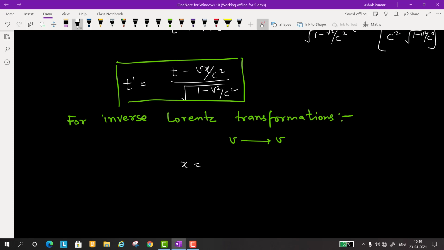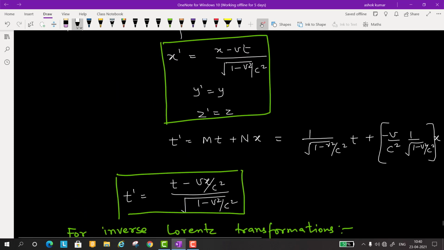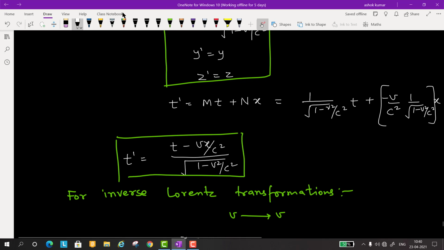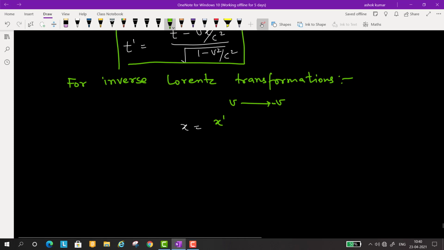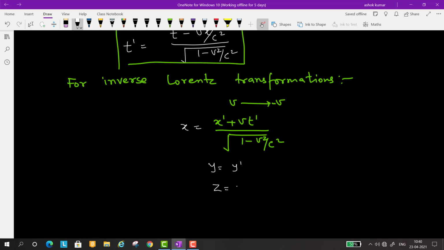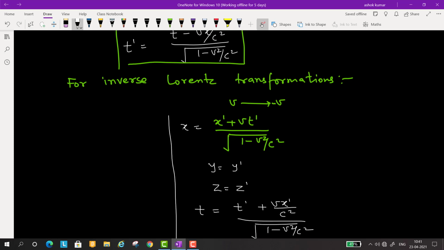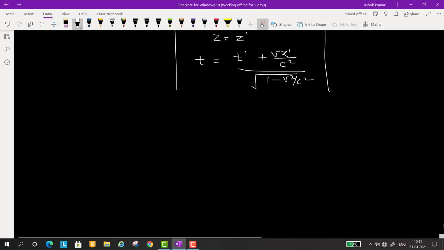So x is equal to x dash, sign of v is to be changed, it will be x dash plus vt dash divided by the square root of 1 minus v square by c square. y will be equal to y dash, z will be equal to z dash, t will be equal to t dash plus v x dash by c square, divided by the square root of 1 minus v square by c square. So these are the four inverse Lorentz transformation equations.